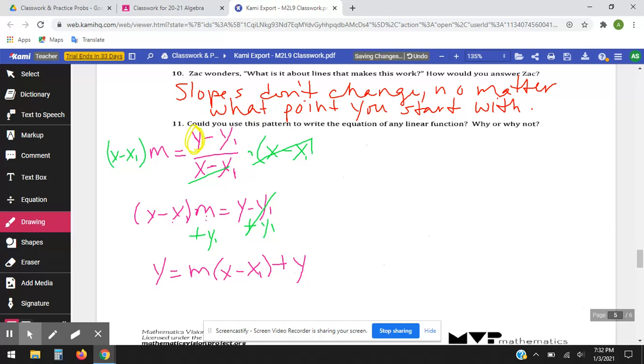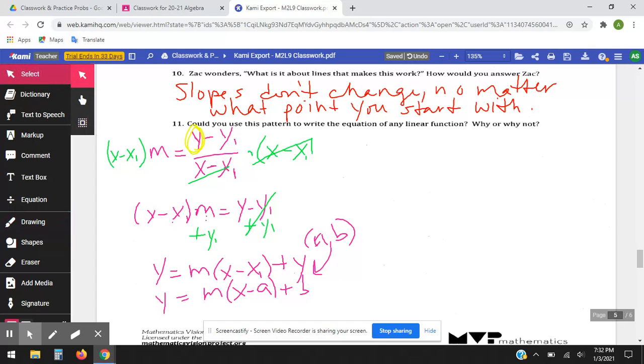And now I'm back into that form when I had that point, x minus a plus b, right? If my coordinate is a comma b, now we have the format we just solved for. So this is really the slope formula rearranged. That's all we've done. So slope formula has been rearranged into a point slope formula.